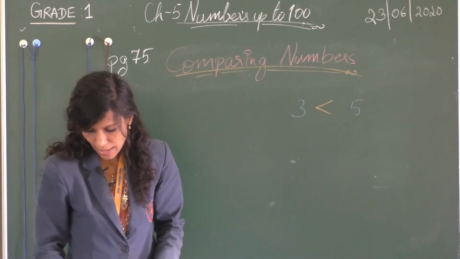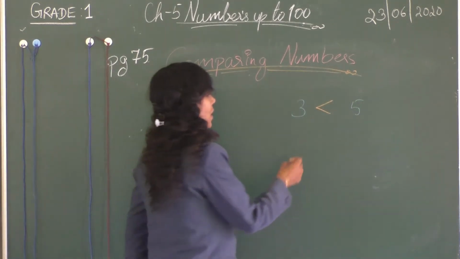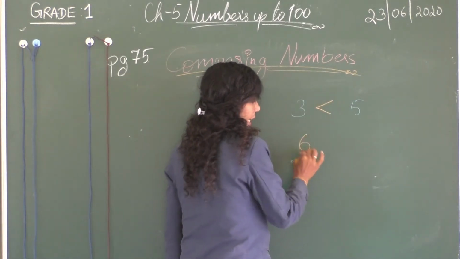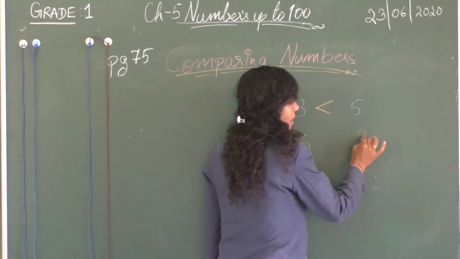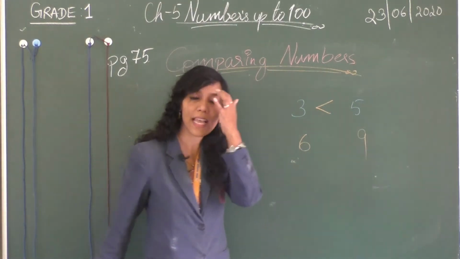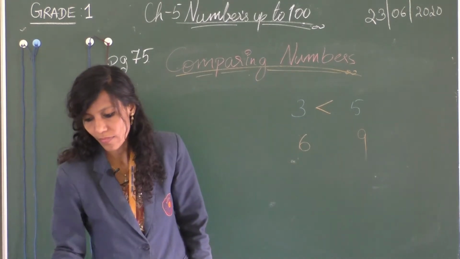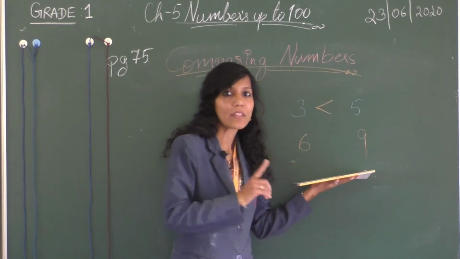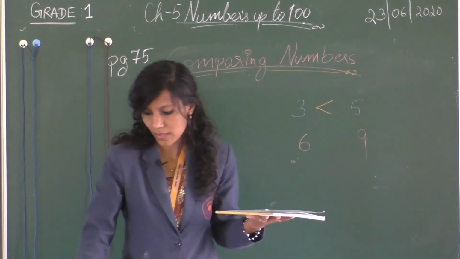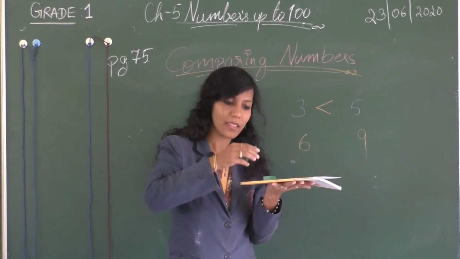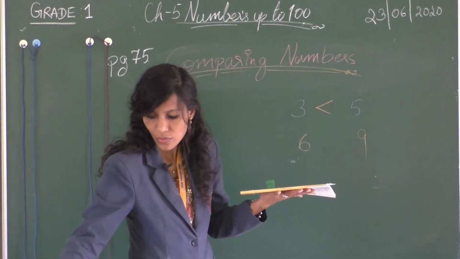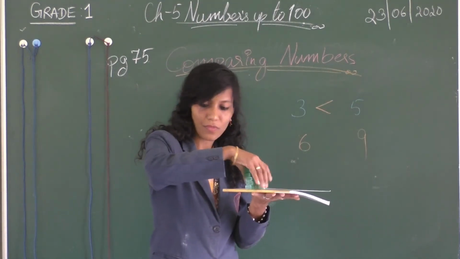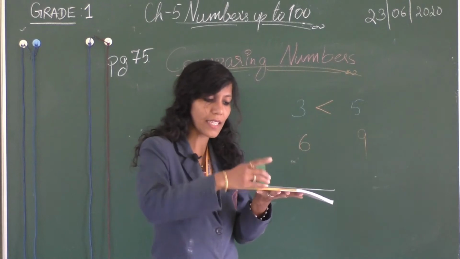Now taking another example. 6 and 9. Let's check 6 and 9. So again, our base. First we take 6 blocks. 1, 2, 3, 4, 5 and 6.